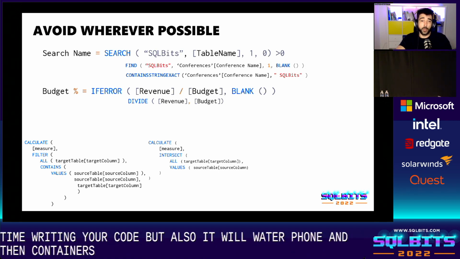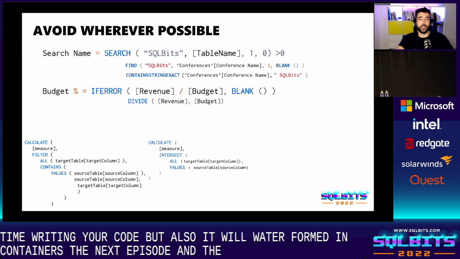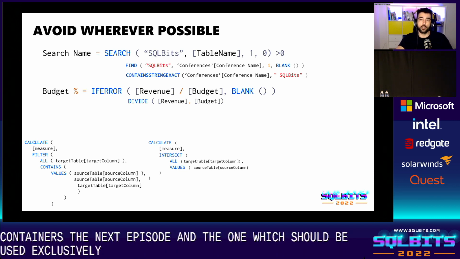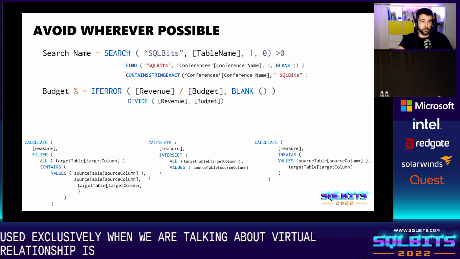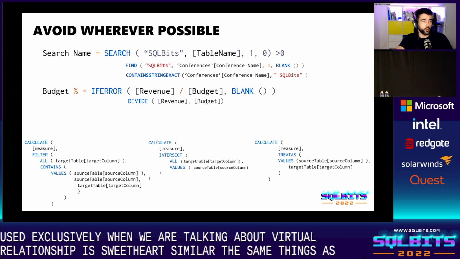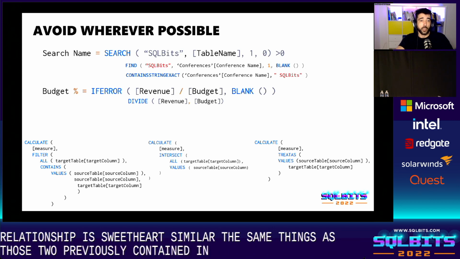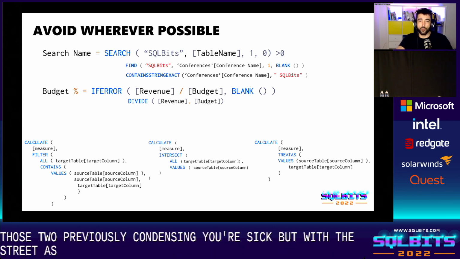The next best solution, and the one which should be used exclusively when we are talking about virtual relationships, is treat_as. It's a similar function, returns the same things as those two previous ones, contains and intersect. But treat_as is really optimized for performance.